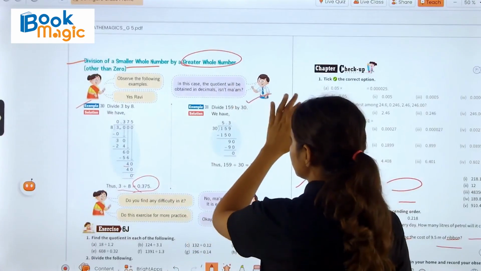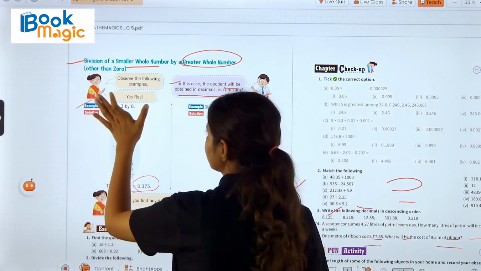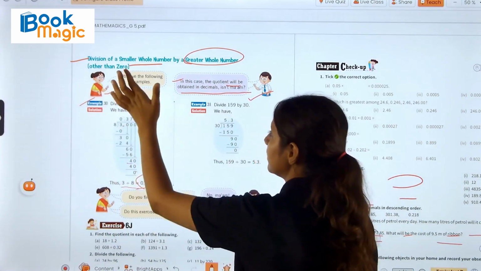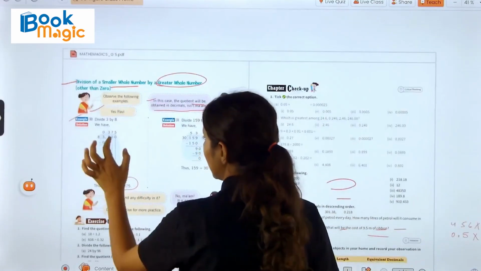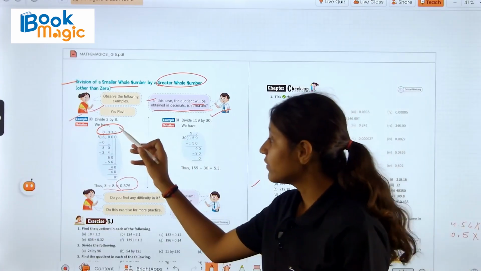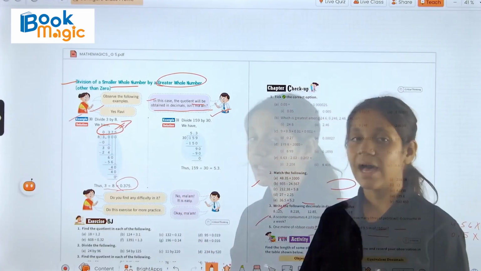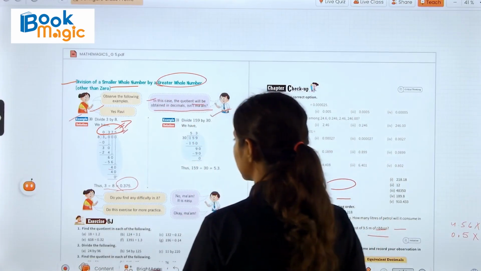So here the student replied, in this case the quotient will be obtained in decimal. Teacher said, yes Ravi, you're right. So we can see that if we have such a problem, what will we do here? We will see that the quotient will have decimals. Okay, as we can see here 0.375.